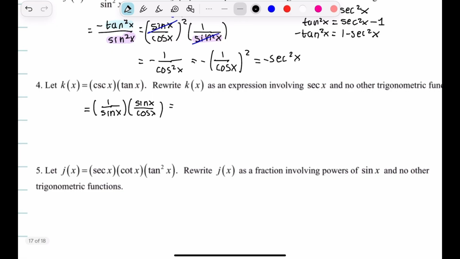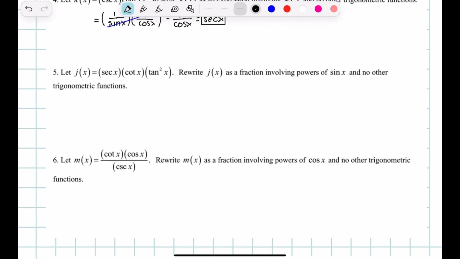And so we can just cancel out the common factor right there, and then we have 1 over cosine of x, which is equal to secant of x. Okay, so that was pretty simple. And we can box the last problem. Okay, that's not a box, but you know. Okay, and move on to our next problem.